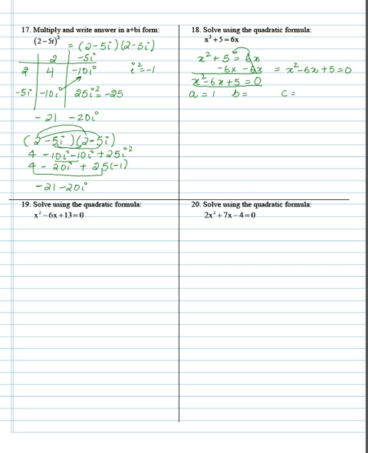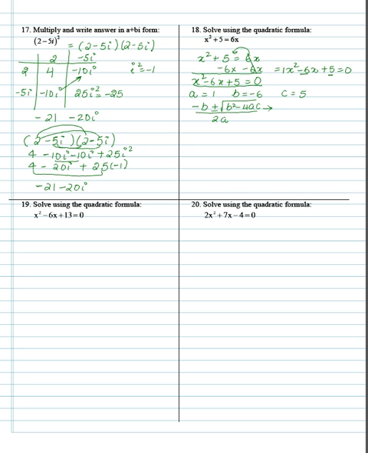I'm going to go back and find out my a, my b, and my c. Remember, they're asking us to use the quadratic formula. So a is the coefficient of x squared, b is the coefficient of x, and c is the constant. Once I have this, I'm going to plug into the formula: negative b plus or minus the square root of b squared minus 4ac over 2a.